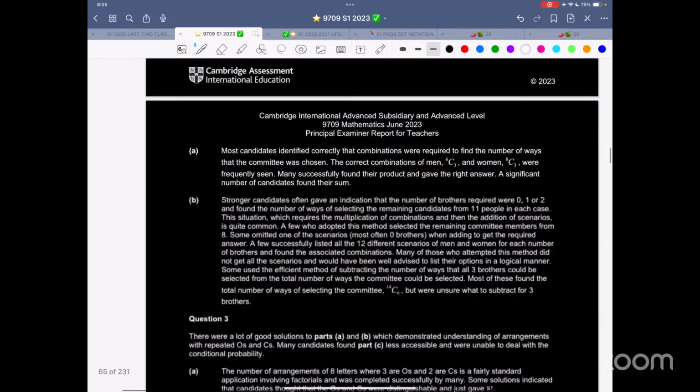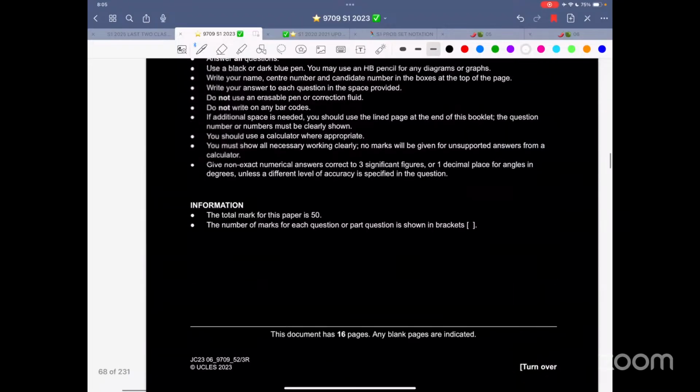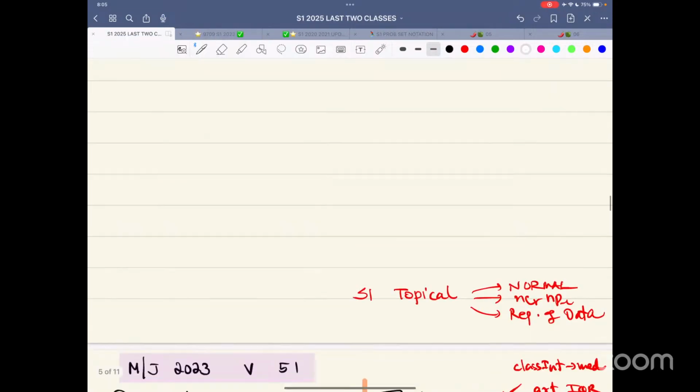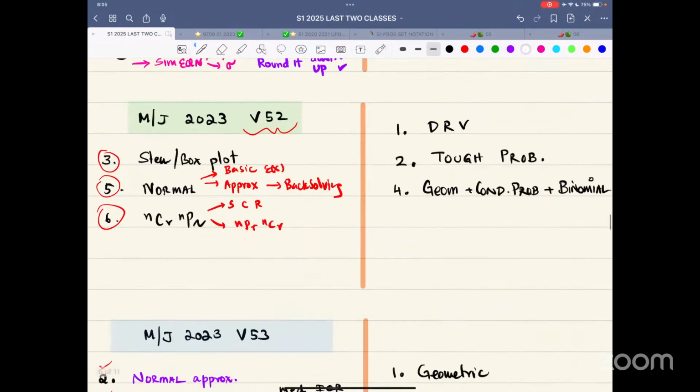Now let me move to the next paper, May-June 2023, variant 52. Over here, there were three questions related to this.